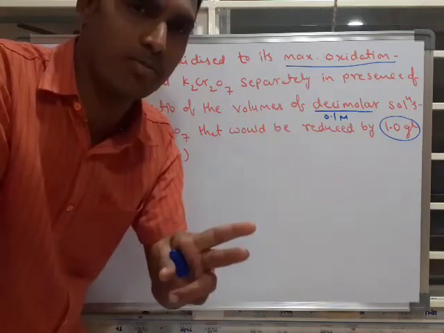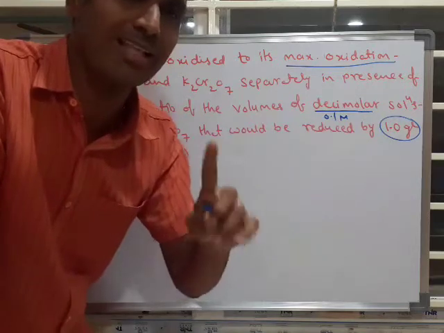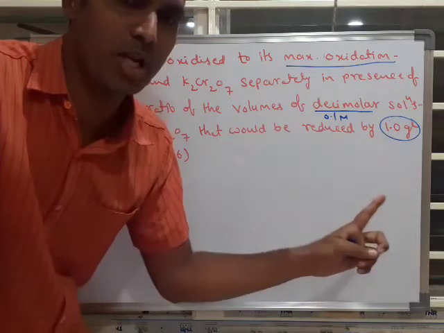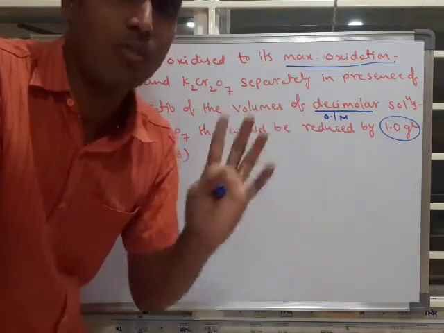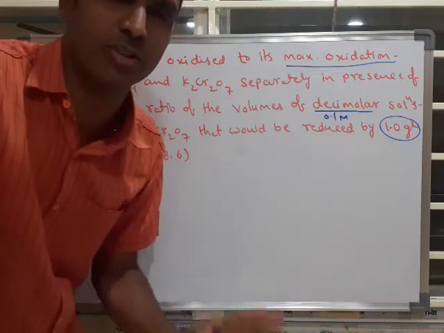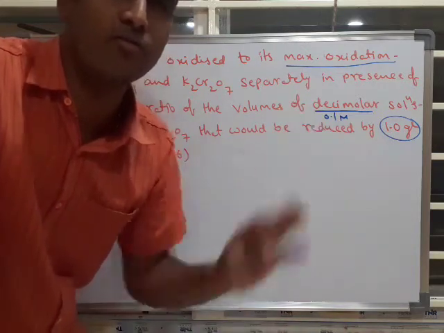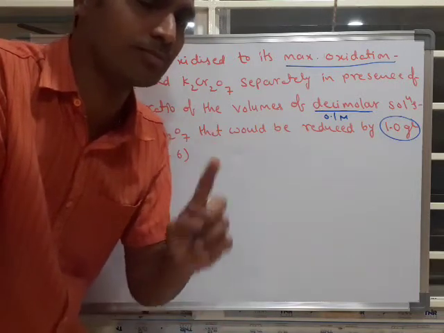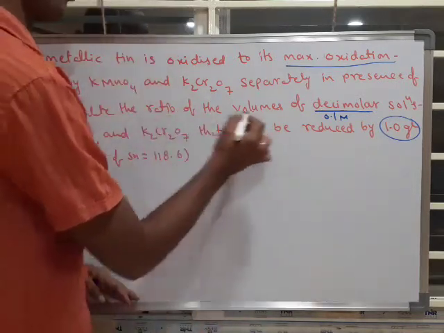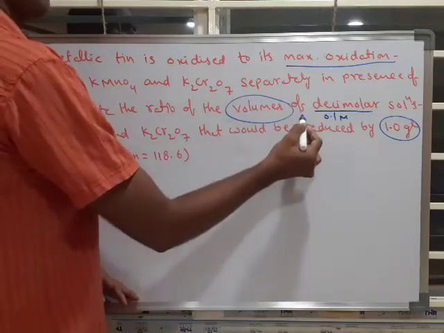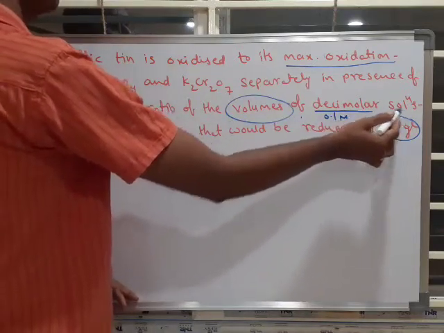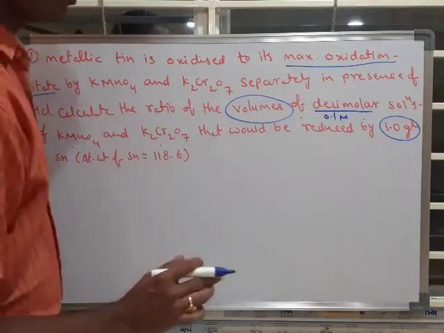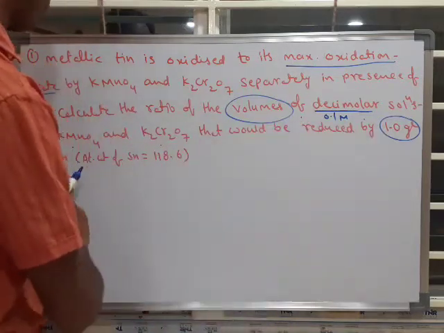Actually these are two problems. We have to find only the ratio of the volumes of decimolar solutions of KMnO4 and K2Cr2O7 which are reduced by 1 gram of tin.